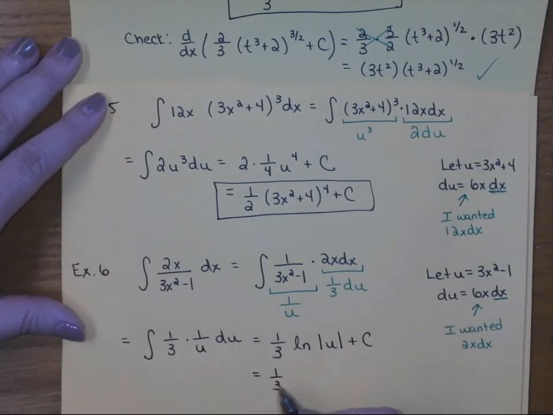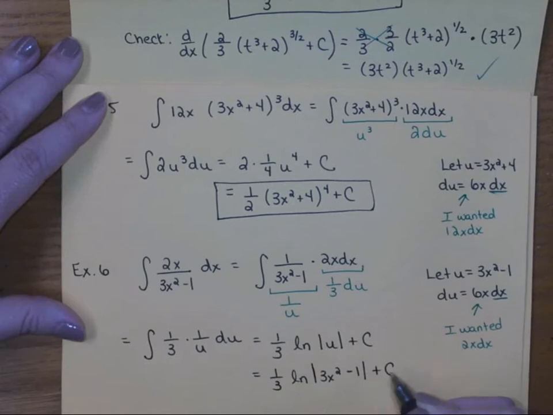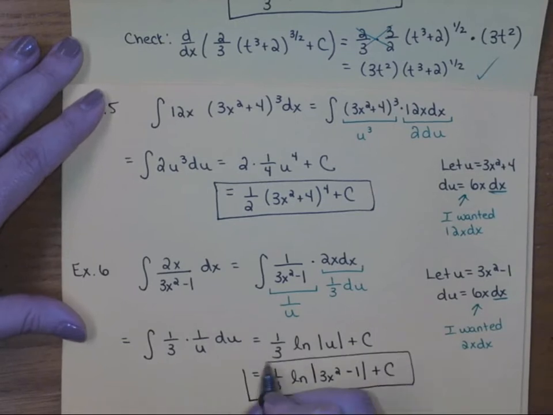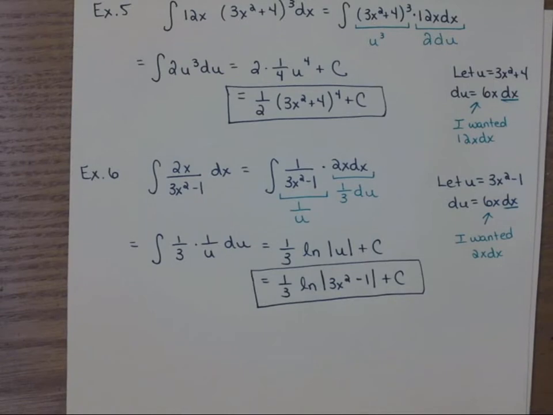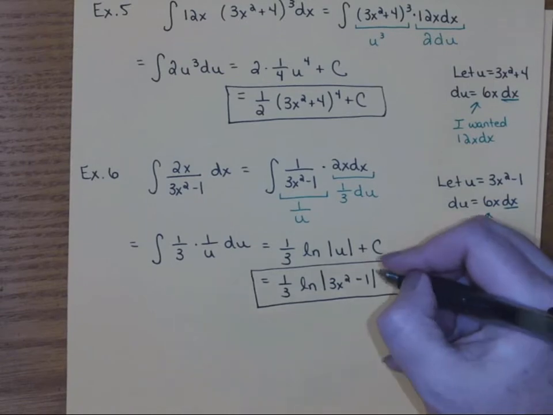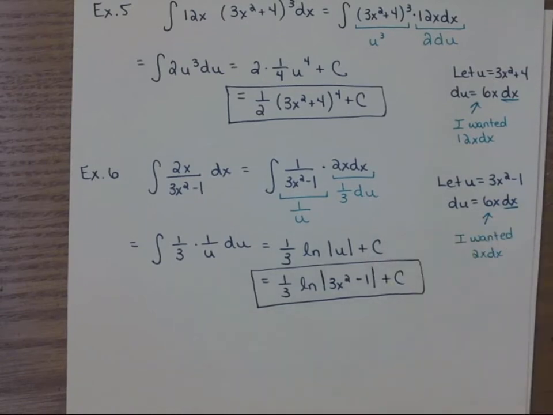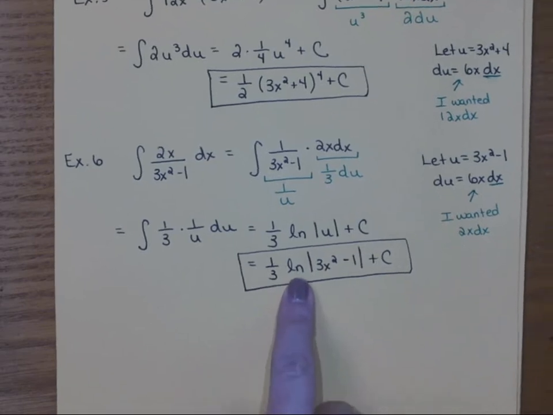So in the end, it's going to be 1/3 ln of the absolute value of 3x squared minus 1, plus c. Your final step is always to just replace that function back where you substituted. Okay, so if you wanted to, again, find the derivative of this and you will get this back again.